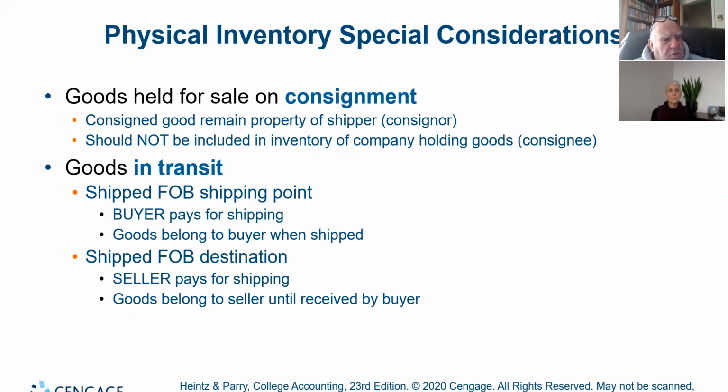The FOB point would be the destination, meaning where they're shipping the stuff to. So if that truck has an accident going from Santa Barbara to New Jersey, and just as it gets off the New Jersey Turnpike there's an accident, this time the seller is stuck with that. This can be an important consideration to companies.